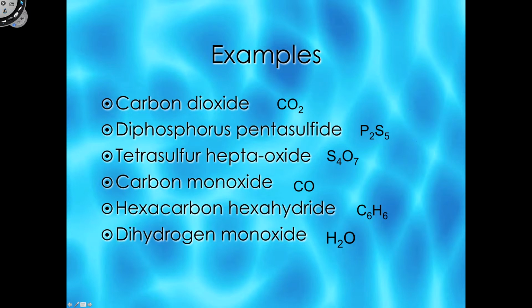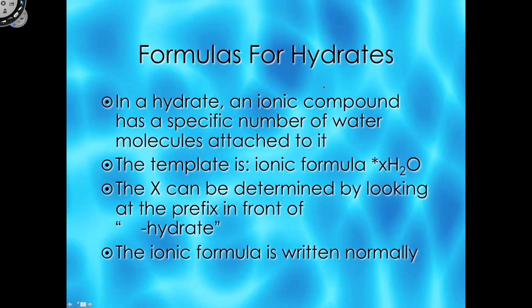So remember, binary covalent, you know they're going to have 2 elements, and both elements are nonmetals. Hydrate is kind of a combination thing. You have an ionic compound, and then connected to the ionic compound, you have a certain number of water molecules attached to it. The template, in other words, the way that each one's going to look, is you're going to have an ionic formula, and you're going to have a little dot or asterisk, and then an X H2O.